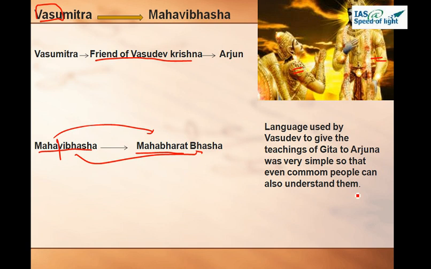So the teachings of Gita to Arjuna were very simple, so that even common people can understand them. So Vasumitra, friend of Vasudev, Arjuna. Mahavibhasha, Mahabharat Bhasha. So he gave the teachings of Gita to Arjuna in very simple language.